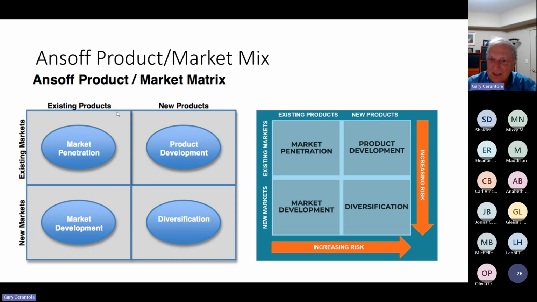But in any case, here it is. Right now you're in your business and you've got existing products and existing markets, and what you're trying to do is grow inside of that. That's market penetration. But if you're looking to increase your revenue and keep it at a higher level, you can go off to the right and produce new products, or go down the left-hand side and go to new markets.